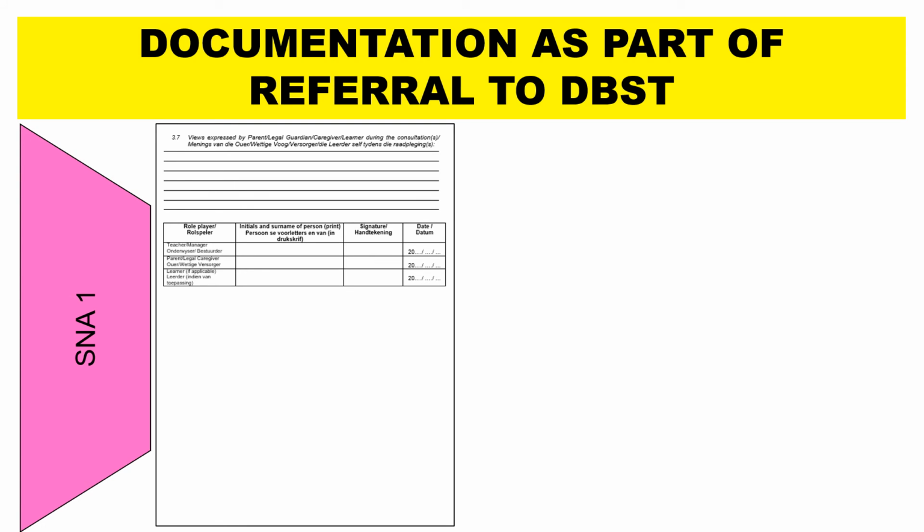I would like to refer your child to the district-based support team. Here's the back page of SNA1. Would you kindly sign it? Most parents do not have a problem in doing so. The correct process, however, would be to have a conversation one-on-one, face-to-face with the parent, and then explain the whole situation to the parent and ask the parent to sign the document.